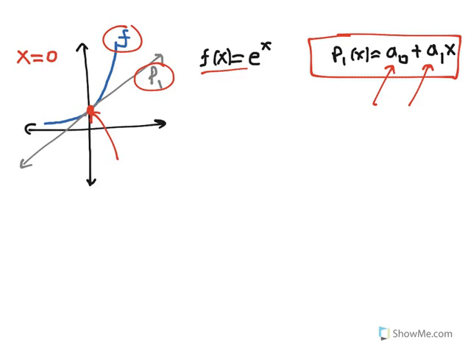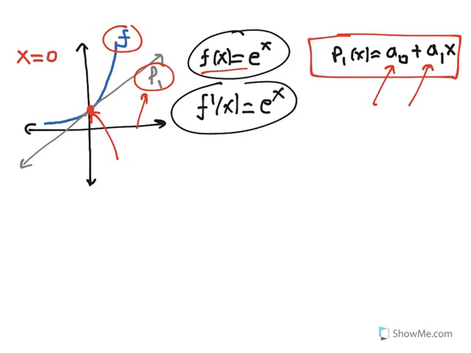And the other requirement is that, if you remember from calculus AB about tangent lines, the slope of the tangent line to a graph at a particular x value is equal to the slope of the graph at that x value. And what tells you the slope of a particular function's graph? The derivative. So the derivative of e to the x is e to the x. And this will give us the slope of the graph of e to the x at any x value. Specifically, we're interested in at x is equal to 0.